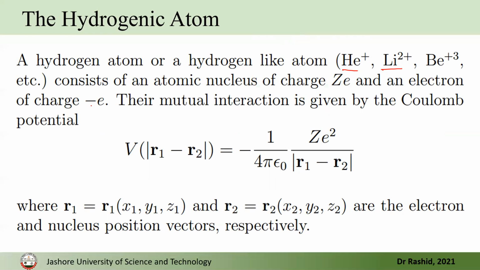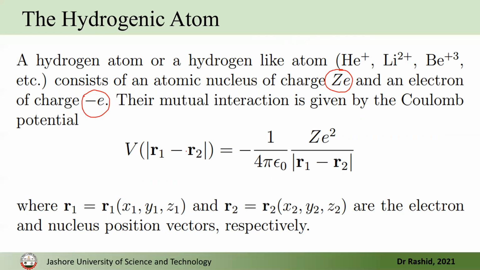So if we assume that the electron has -e charge and the nucleus has Ze charge, for hydrogen Z equals 1, but for helium Z equals 2, for lithium Z equals 3. So that's why we say hydrogenic atom or hydrogen-like atom. The nucleus has Ze charge and there is one electron with -e charge.